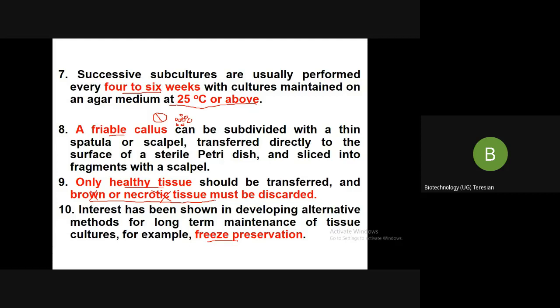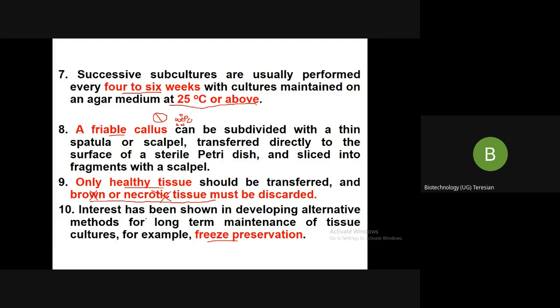In this slide, we said that we can go for subculturing every 4 to 6 weeks, and we should maintain a proper temperature of 25 degrees centigrade plus or minus 2. Particularly if I want to carry out suspension culture, which is a separate chapter, that is, I'm growing single cells, then it is important that my callus should be friable.